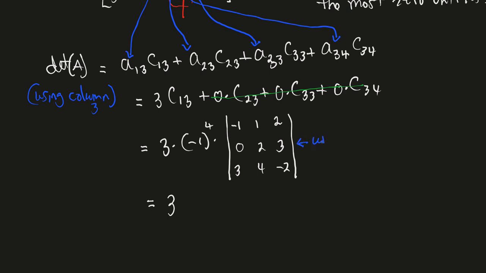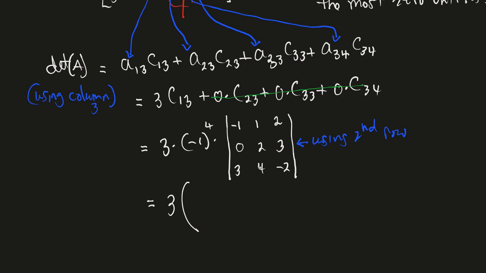So using the second row, right? So let's write down what that would be. Now I'm looking at this. I'm not referring to the original matrix because we've already expanded that determinant and we've brought it down to this point.